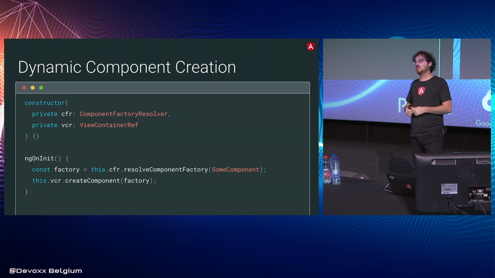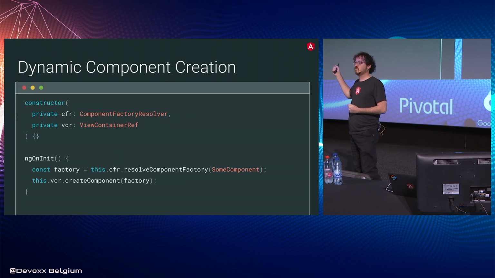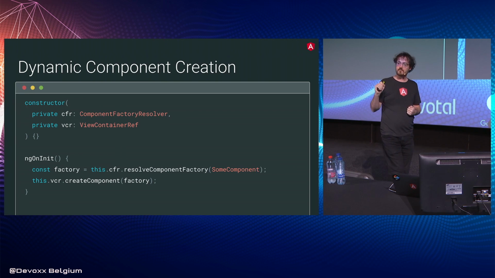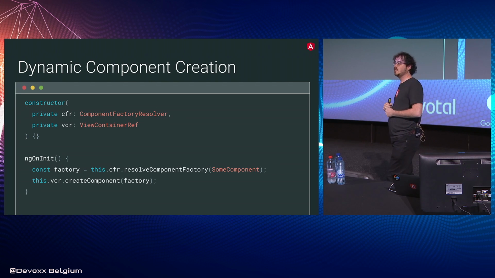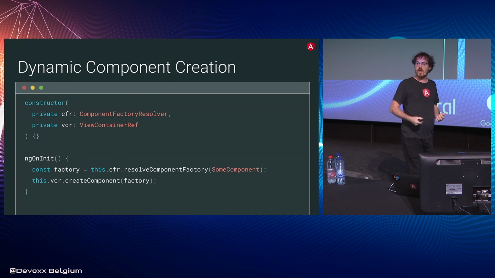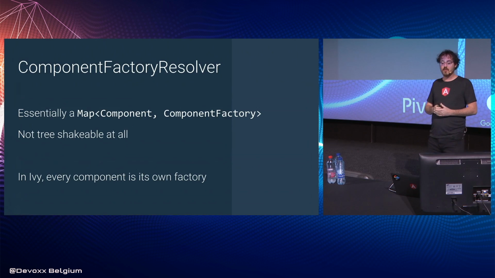If you've never done this in Angular, the way it works is you first get a view container ref, which is a reference to the location in the DOM where you want to insert the component. But you can't insert it with a component type directly. You need to get a hold of the component's factory. And you do that with this thing called the ComponentFactoryResolver. And once you do that, then you get the factory, you give it to the view container ref, and it gets inserted in the DOM.